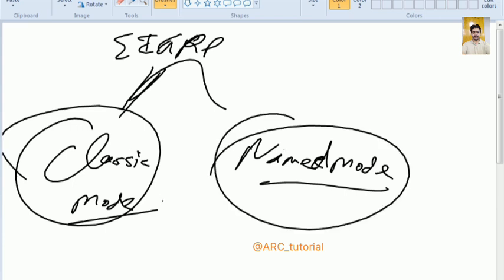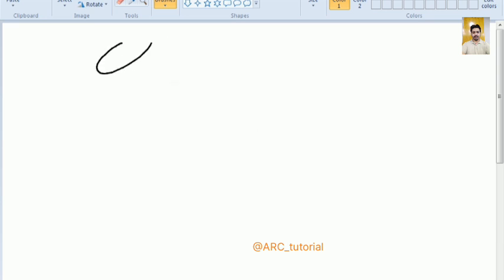I will also discuss the differences between classic mode and named mode, and also the reason why they launched named mode. Why do we have to configure this named mode in our network? Why is it necessary? I'll be discussing all these things with you. So let's start with classic mode itself.